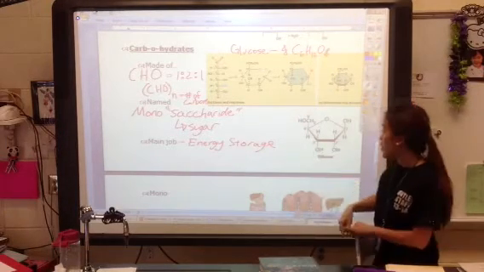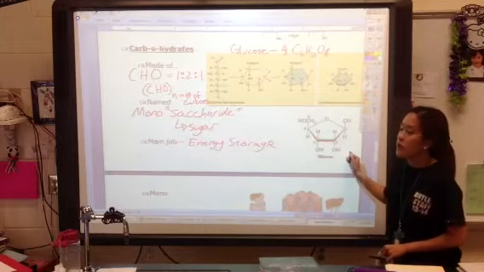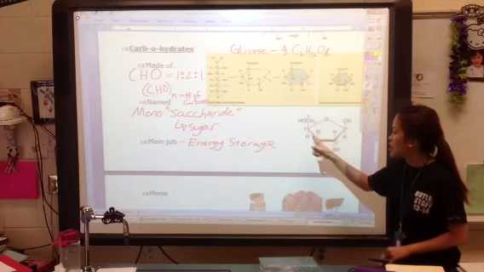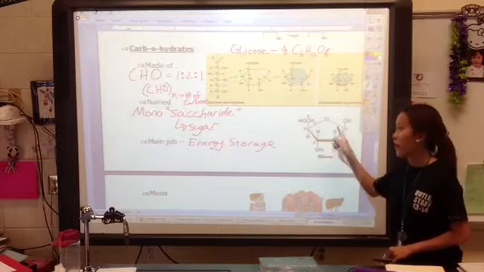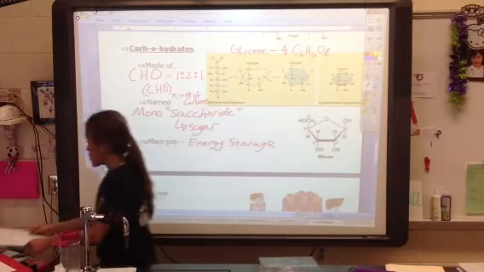It can also have other jobs, like this ribose structure. This should look familiar to you from looking at RNA, ribonucleic acid. And it actually has a 5-carbon chain, or 5-carbon ring, with the hydrogens around it.